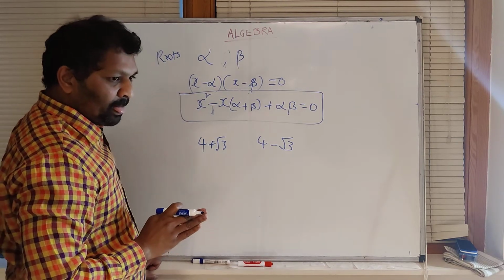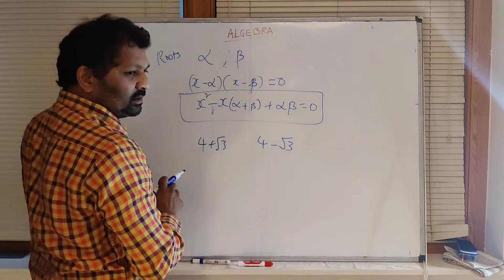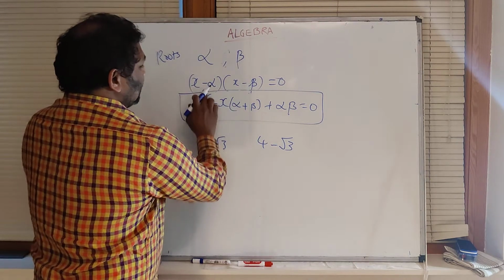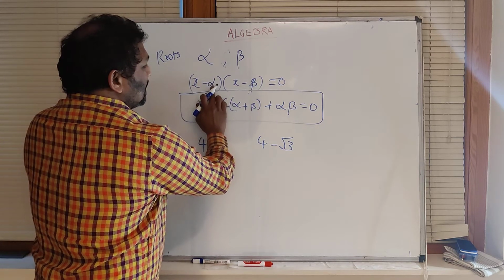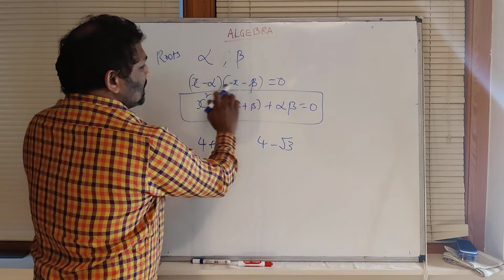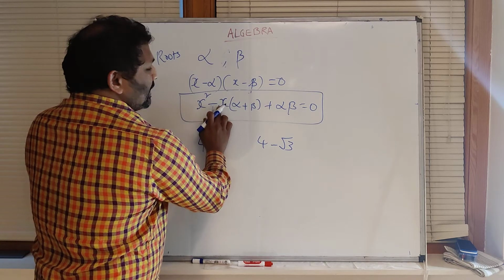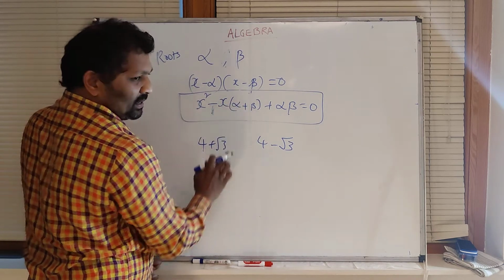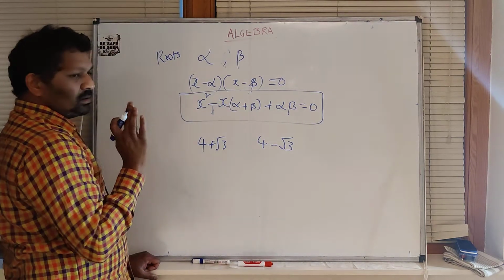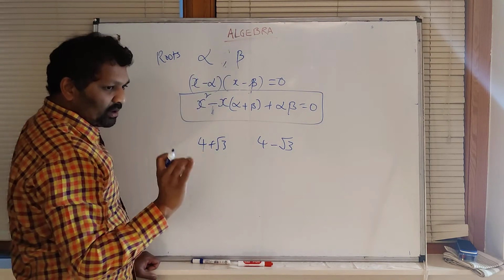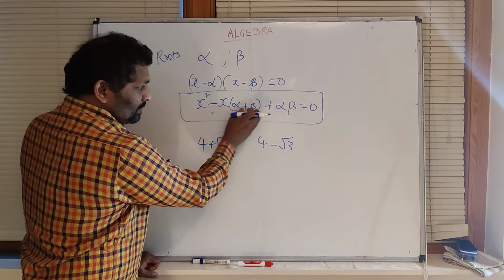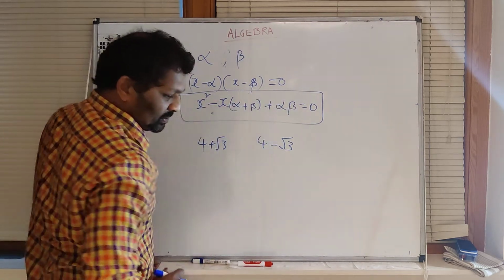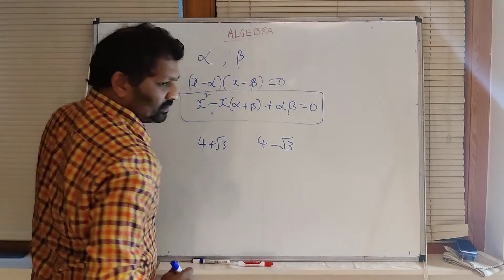You know how we got this? x into x is x square, minus alpha x, minus beta x, minus into minus is plus alpha beta. If you take minus x common, you will get alpha plus beta. So if two roots are given, the quadratic equation is x square minus x times the sum of those roots plus the product of those roots is equal to 0.